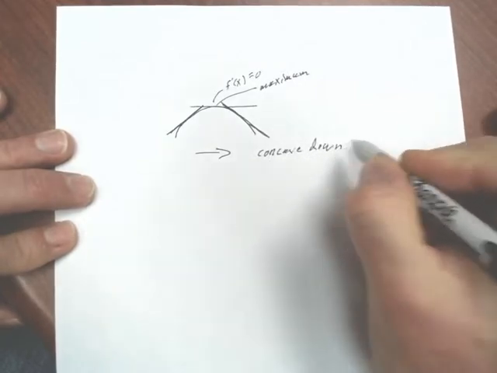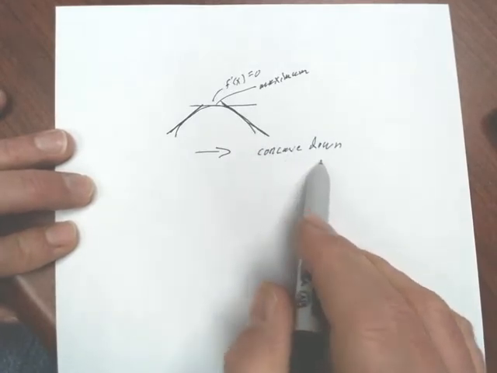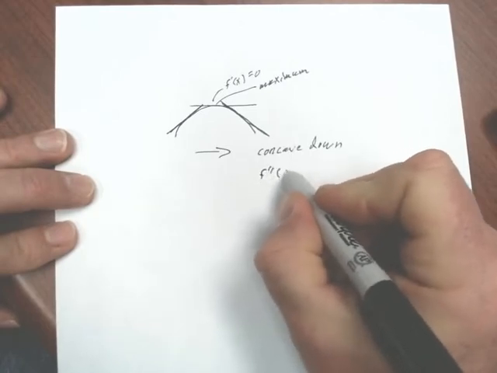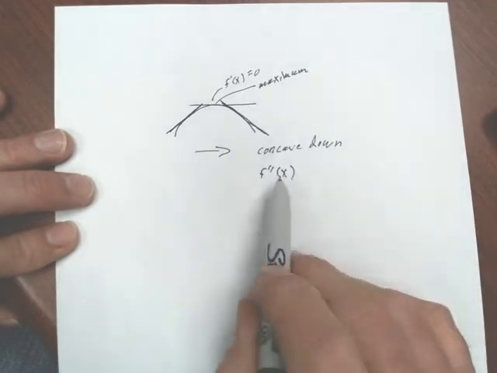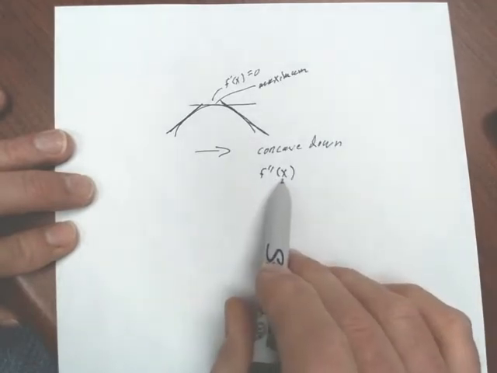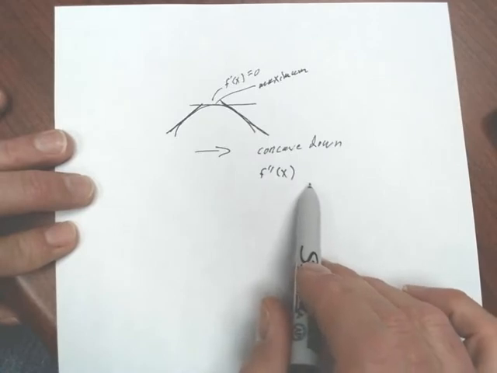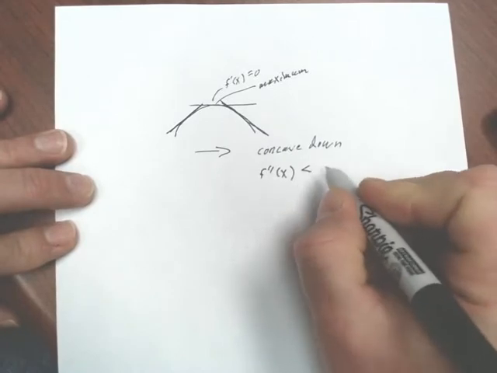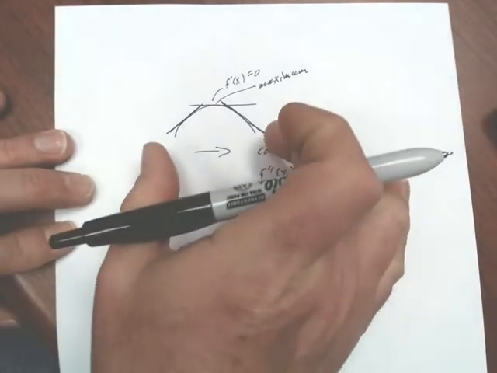And we would describe this concave down function mathematically by taking the second derivative and figuring out whether the second derivative is less than, equal to, or greater than 0. When a function is concave down, this second derivative should be less than 0, okay, at least in that range of x.